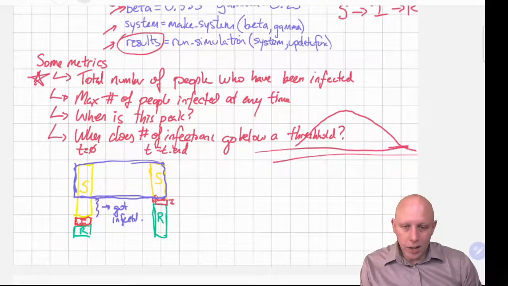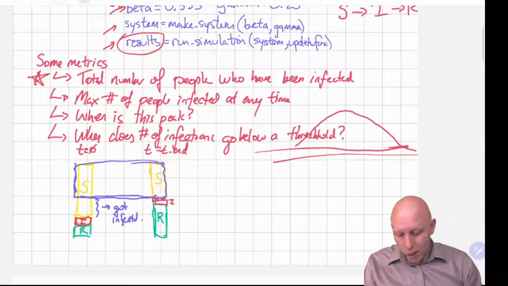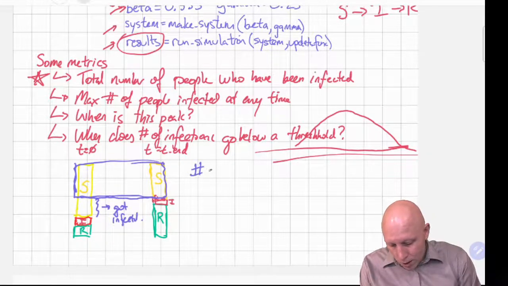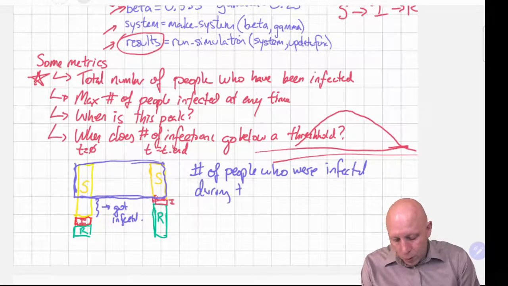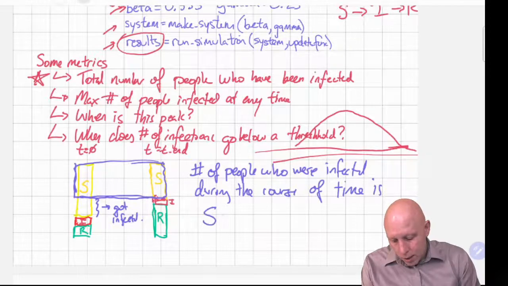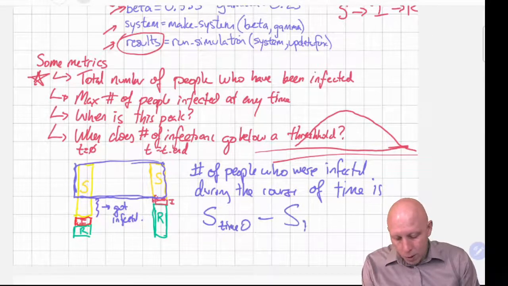So to calculate how many people got infected from time 0 to time end, the number of people who were infected during the course of time is the S, the number of susceptible people at time 0, minus the number of susceptible people at time end.